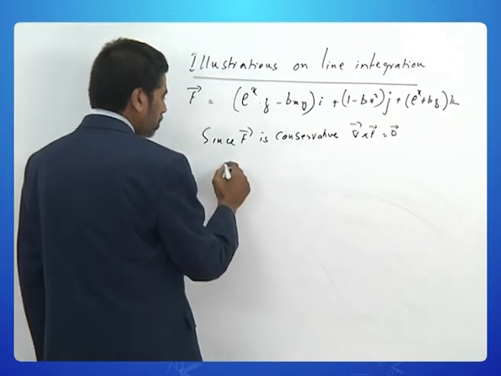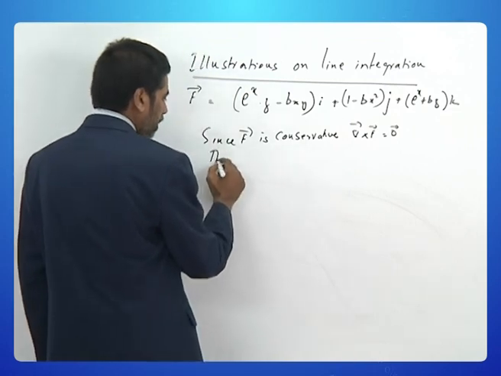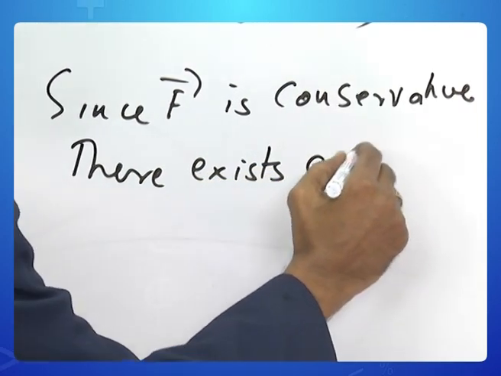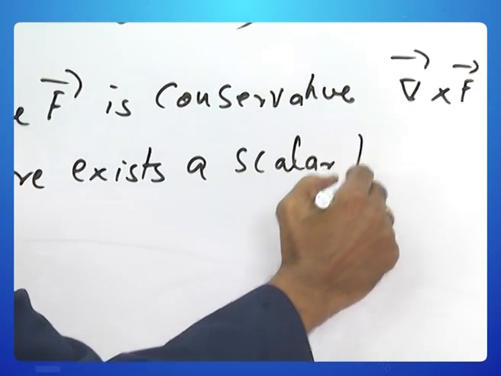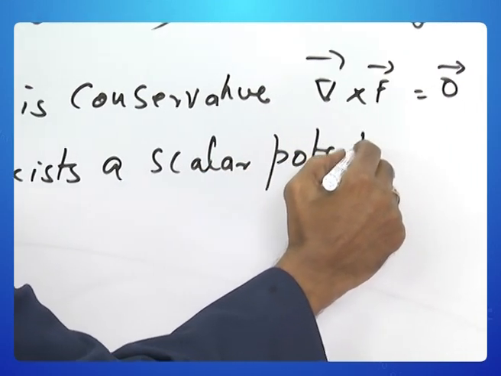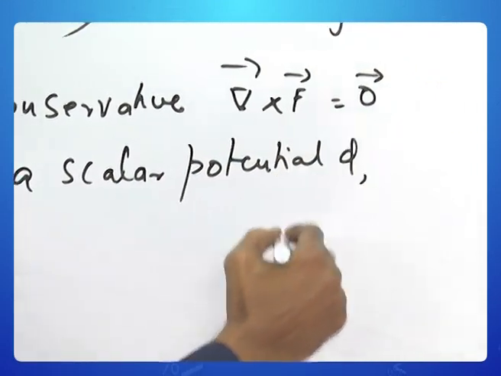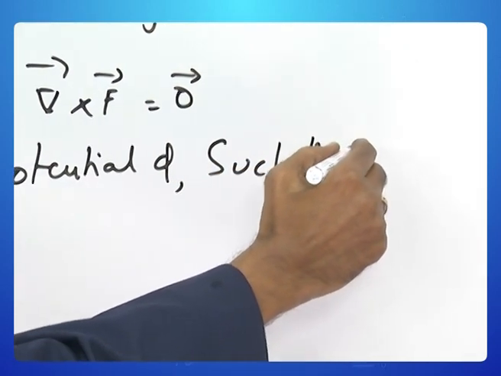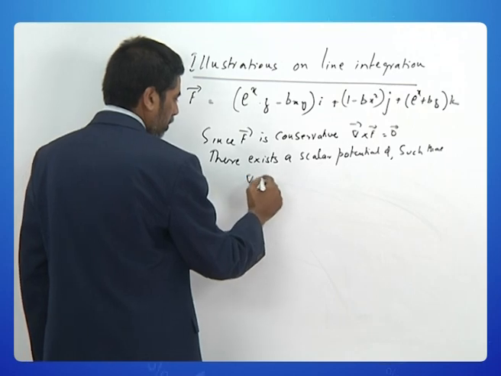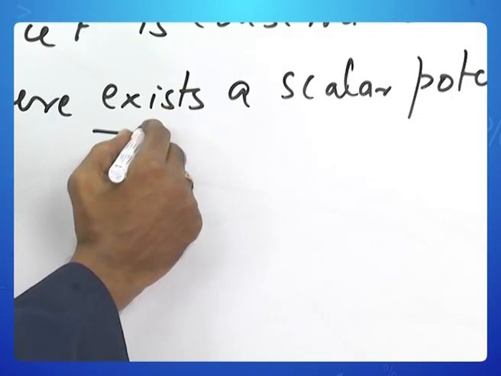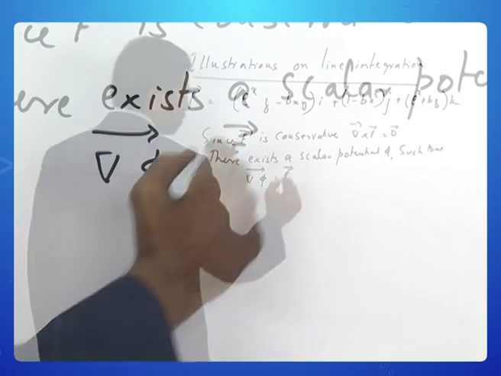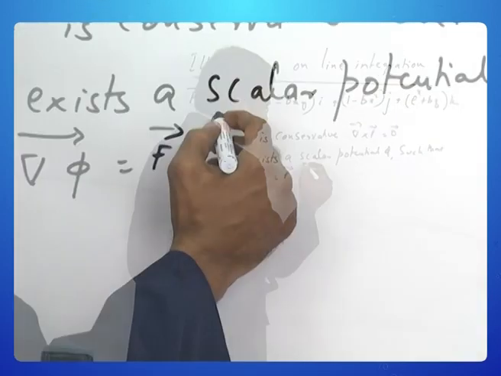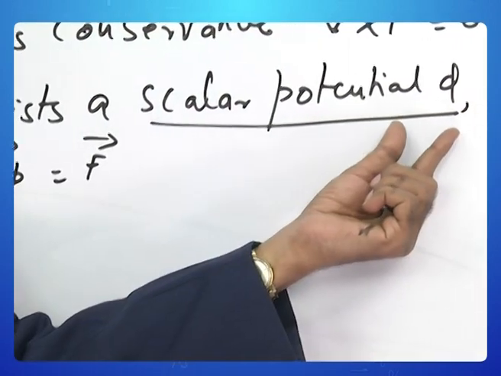Number two, there exists a scalar potential phi such that the gradient of that scalar potential is equal to the field. So now what is required in this problem is to find that scalar potential.